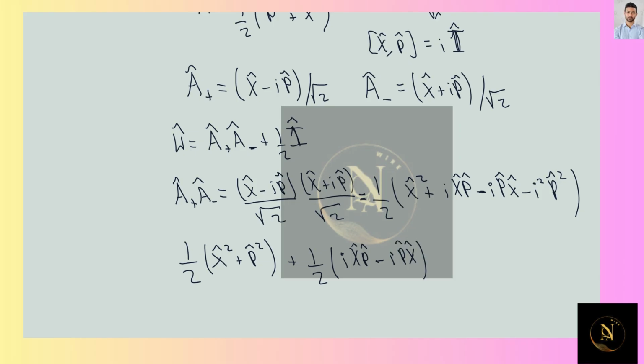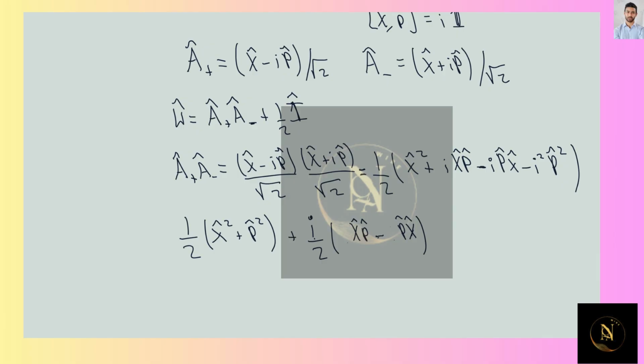Let's factorize the i over here and put it outside this parenthesis. But what is xp minus px? Well, this is nothing but the commutator of x and p.